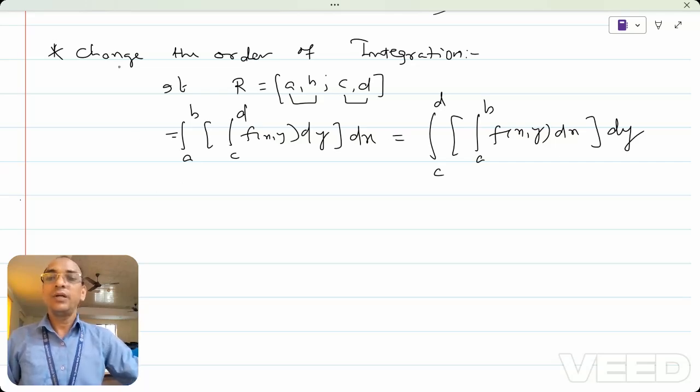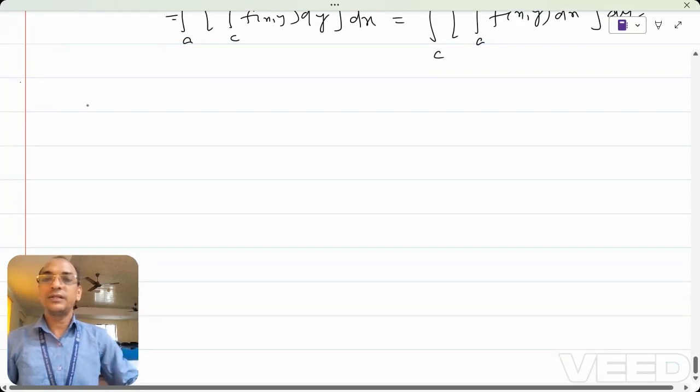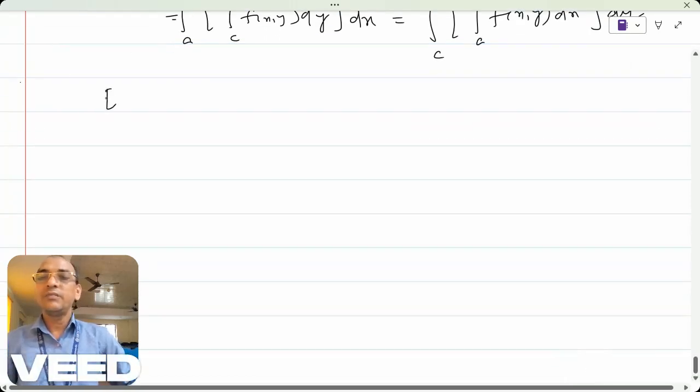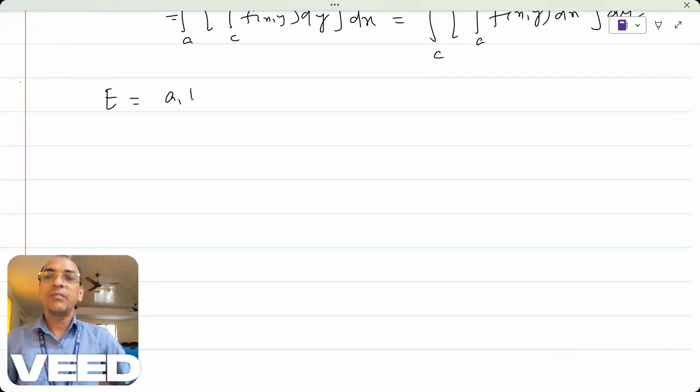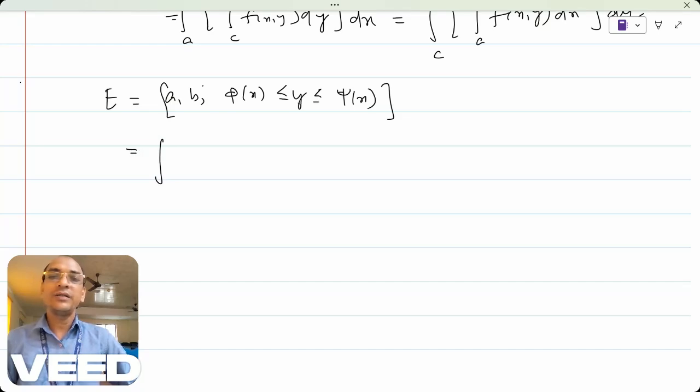But if the double integral is defined over a region, say E, which is nothing but a to b, phi of x is less than or equal to y, less than or equal to psi of x, then we have to write the integral in this form, since y has limits as a function of x.